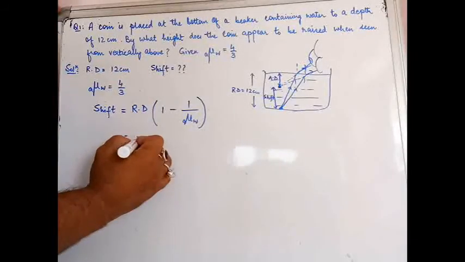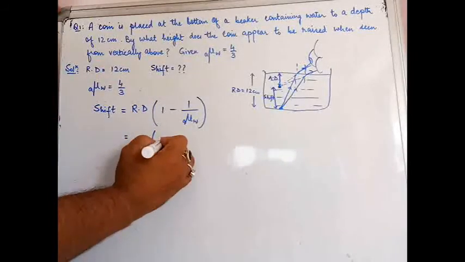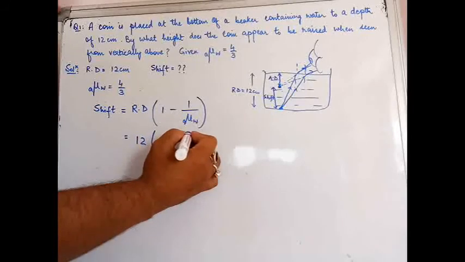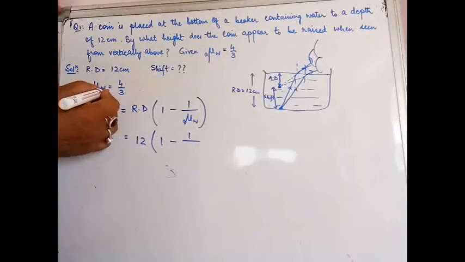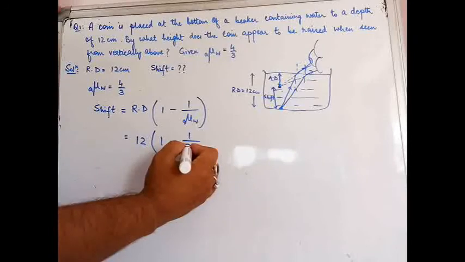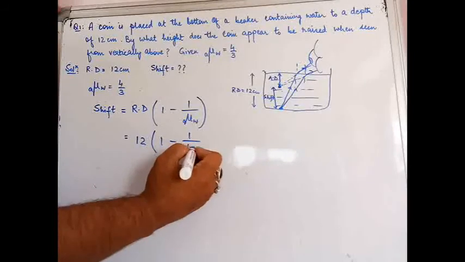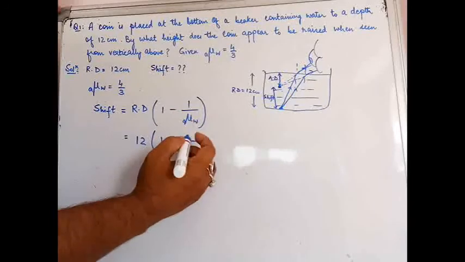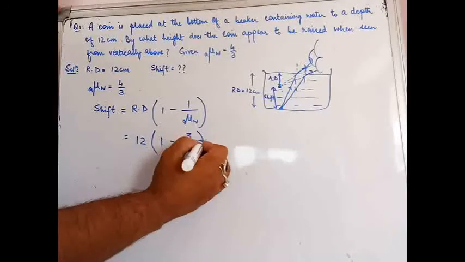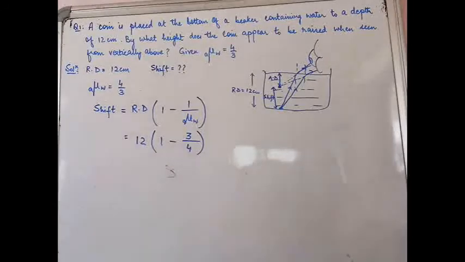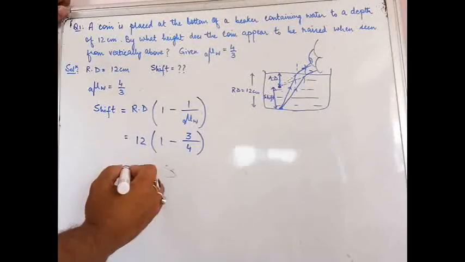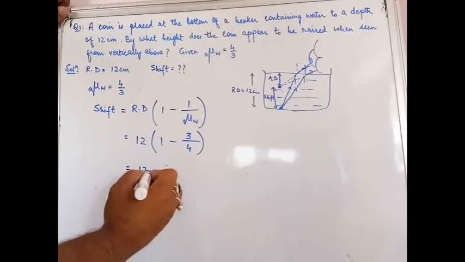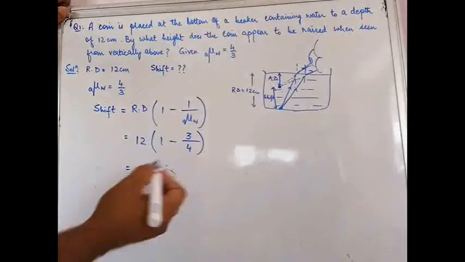RD value I will keep as 12, and in brackets 1 minus 1 upon 4/3, so 4 will come here, and 3 comes at the top. So instead of writing it like this, I can simply write this.